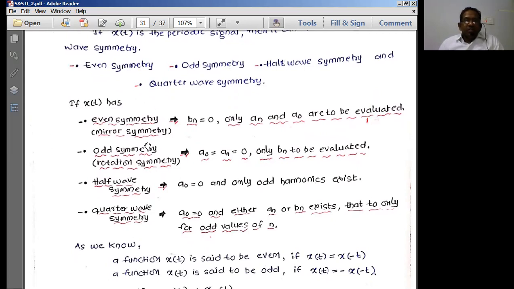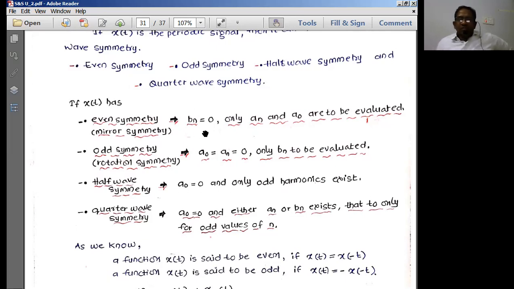So even symmetry means what? The sine component should become equal to 0. That means the bn value, the coefficient of sine, should be 0. If the coefficient of sine is 0, then coefficient times anything is 0, so we simply avoid the sine component in the expression for even symmetry.